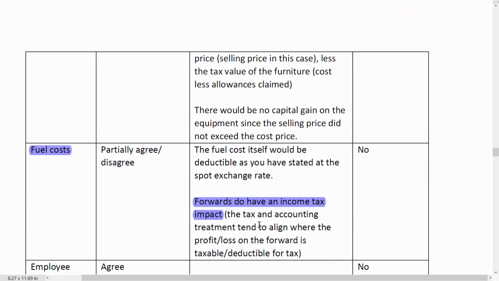On the fuel cost, the candidate picks up that, in their opinion, this is partially correct or incorrect, and notes that fuel costs have been correctly deductible, but then goes on to say that forward agreements would have an impact on the tax calculation.